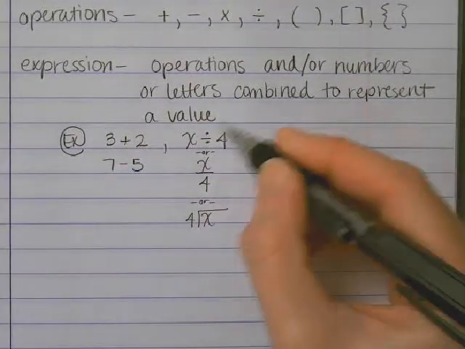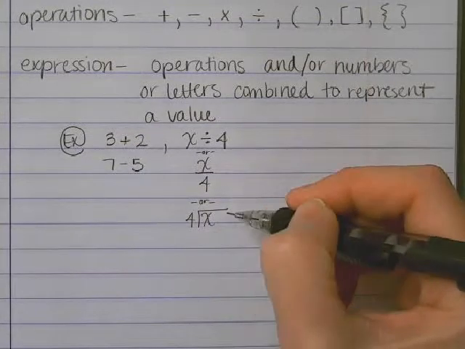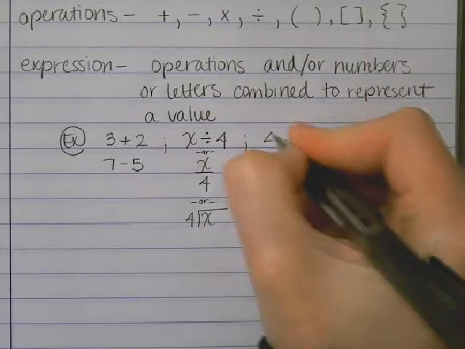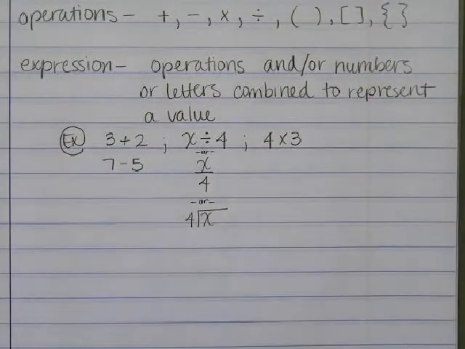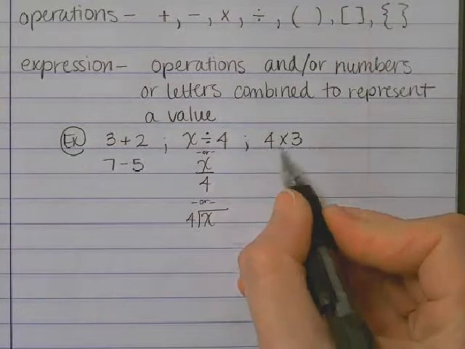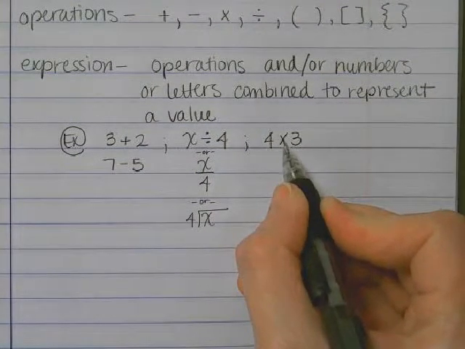Yes. Okay, now let's go ahead and look at a multiplication one. So normally if we have two numbers, this is how we show that we're multiplying them. Would you agree? And I could change the order. I could say 3 times 4. And that's okay. But a lot of times this times symbol gets mistaken for the letter x.